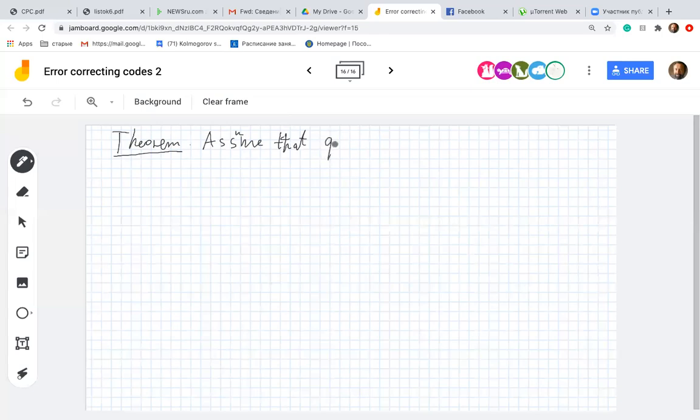So q to the k minus 1 times the volume of the ball of radius d minus 1 is less than q to the n times some small number, call it epsilon. So epsilon is some real number in the segment 0, 1.